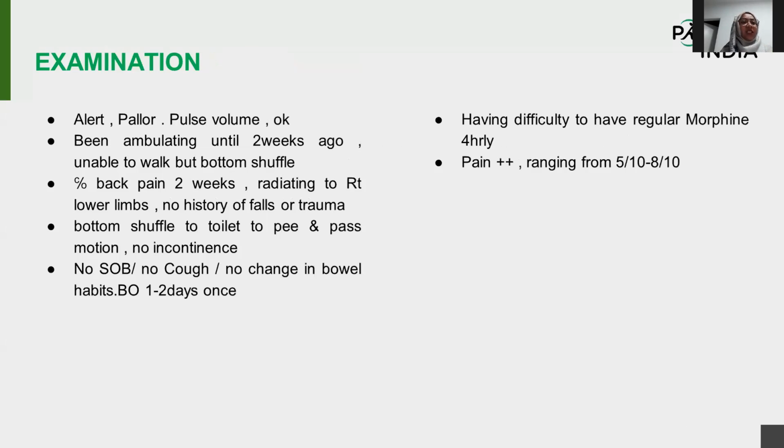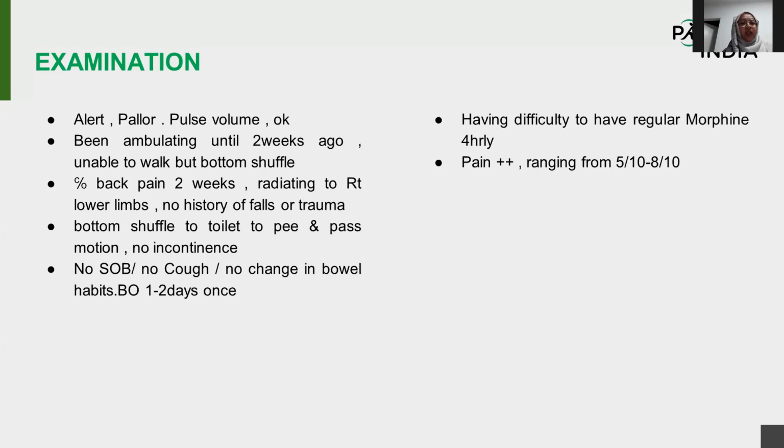On examination, when we first saw her, she was alert but a bit pale. Her pulse volume was good. She was ambulating until 2 weeks ago, then unable to walk, but she was dragging herself on the floor with what we call bottom shuffle. Complaining of back pain for 2 weeks, radiating to her right lower limb, no history of fall or trauma.